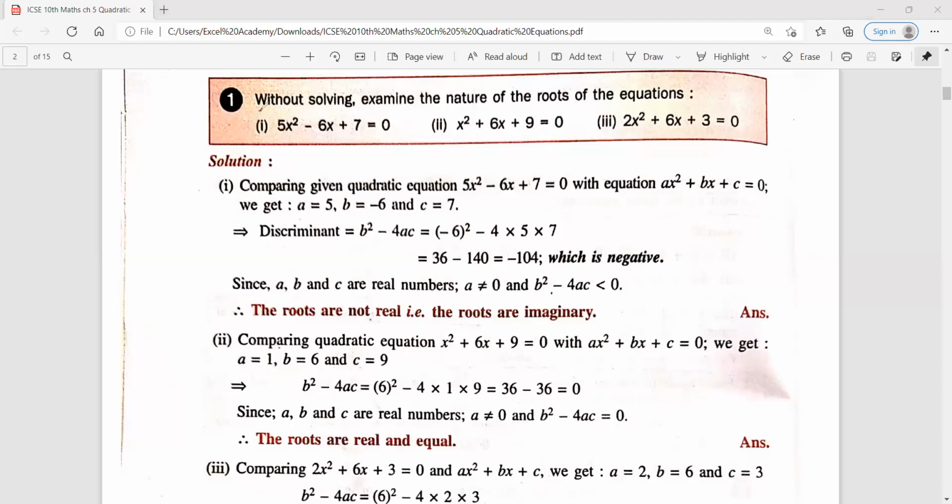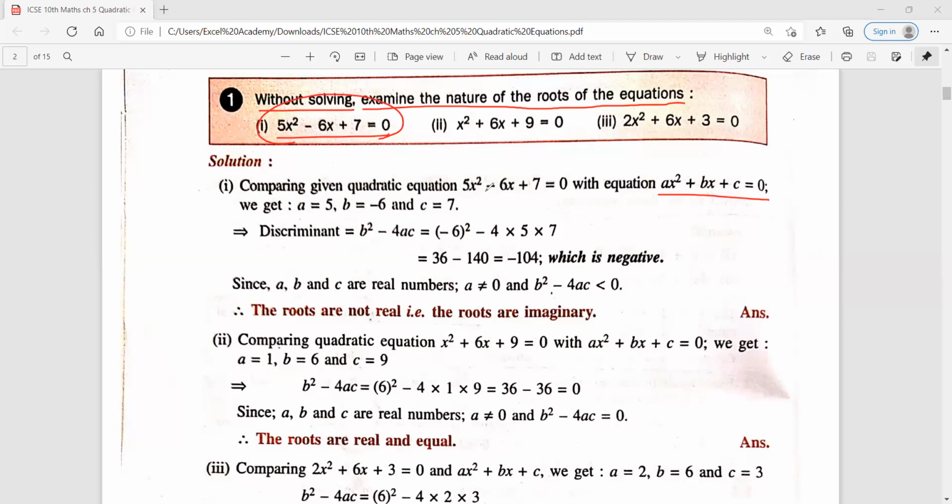Okay. Without solving, examine the nature of the roots of the equation 5x square minus 6x plus 7 equal to 0. So how you have to do it basically, I'll explain it here, then we'll solve one extra. You have to compare the given equation with the standard form of the quadratic equation.